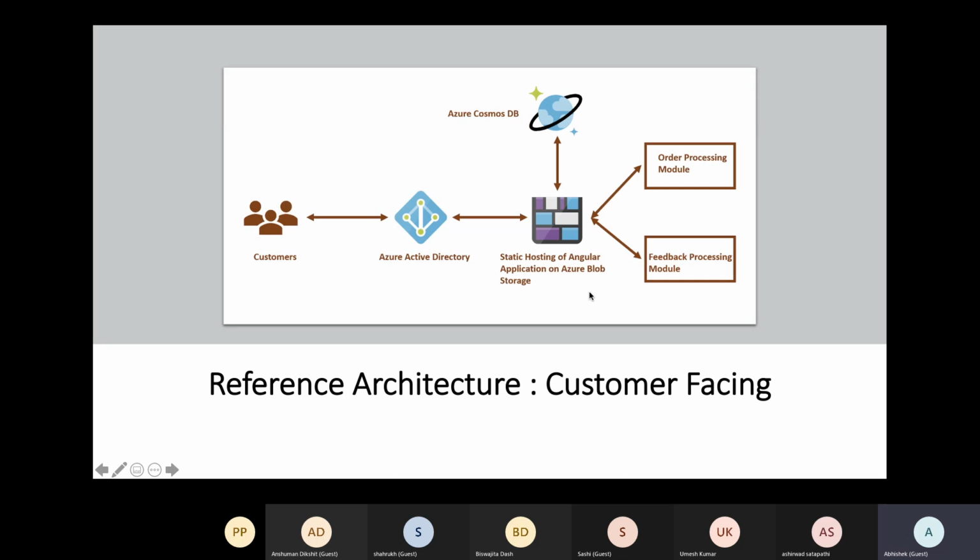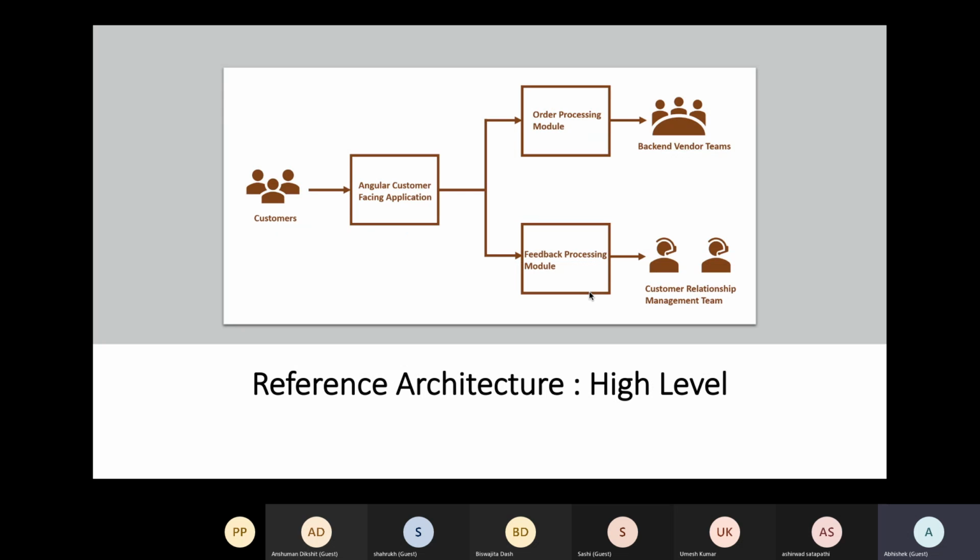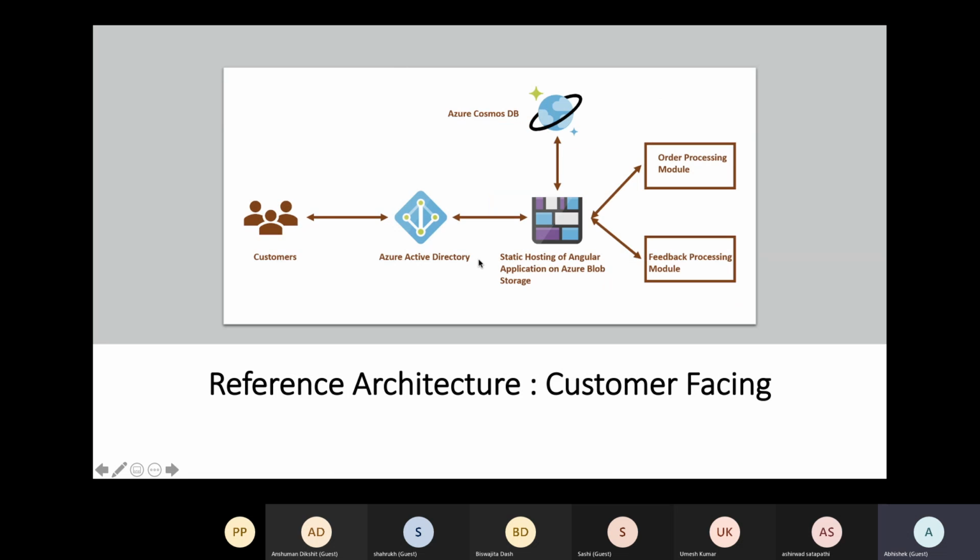Now let me go to the next step where we will build this Angular application. We'll build each of these components and integrate them. In the case of the customer facing application, we can host it inside Azure Blob Storage as static hosting, and you can ingest your logs to App Insights, or keep your auditing data.